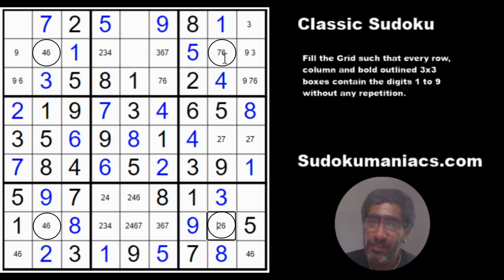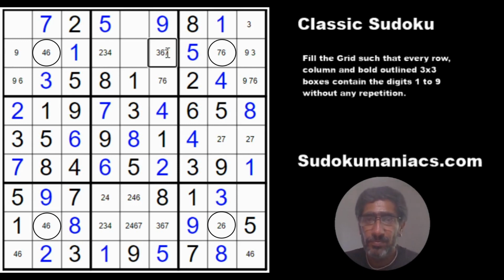Or vice versa, if the digit 6 was in R2C8, for column 2 it would be eliminated from R2C2 and it would be in R8C2. What this means is, irrespective of where the digit 6 comes in column 2 and 8, since the positions are locked in row 2 and 8, the digit 6 cannot be in any other cell of these two rows.